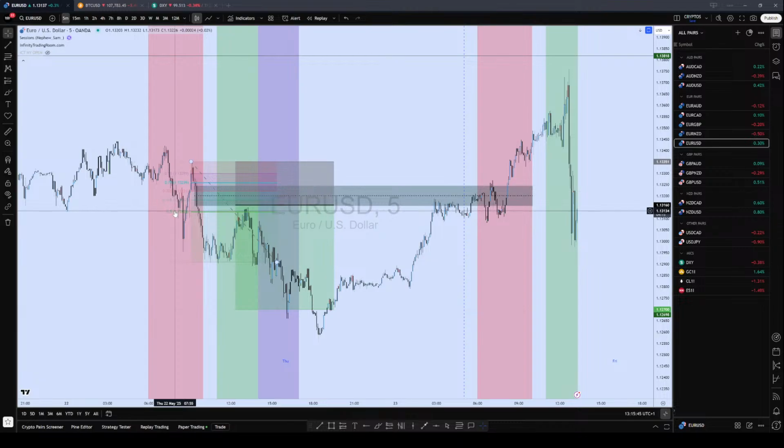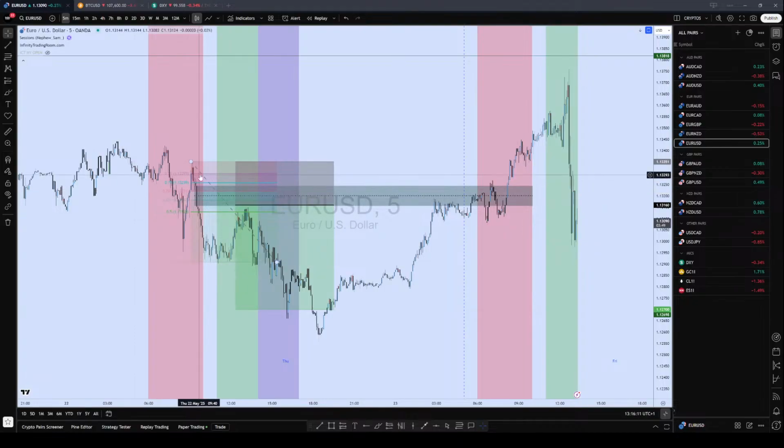So all you need is to understand where the market is supposed to go for the day. Where is the market going for the day? Because wherever the market is going for the day, during that time, that is when price will move.